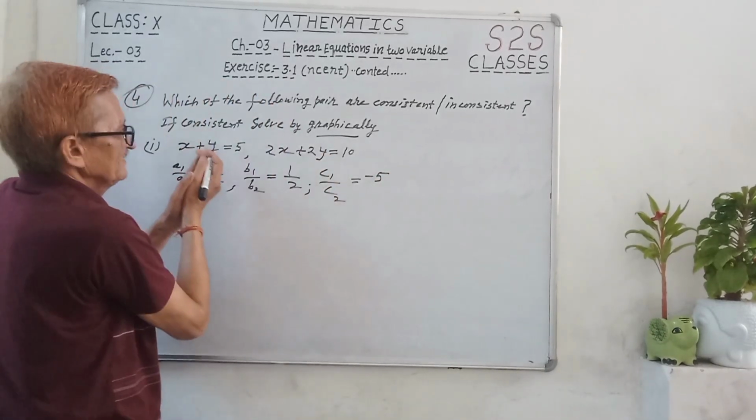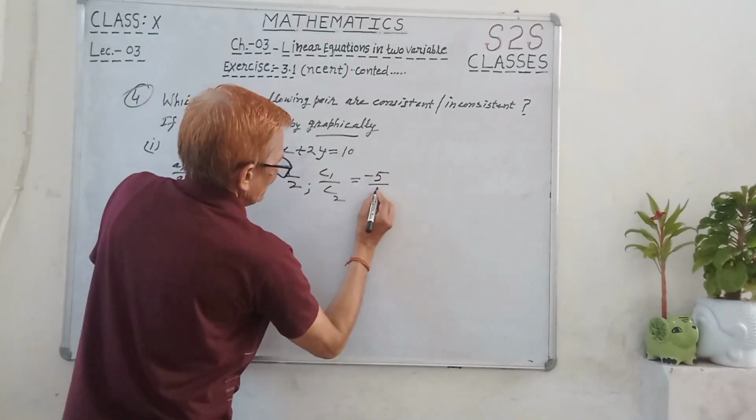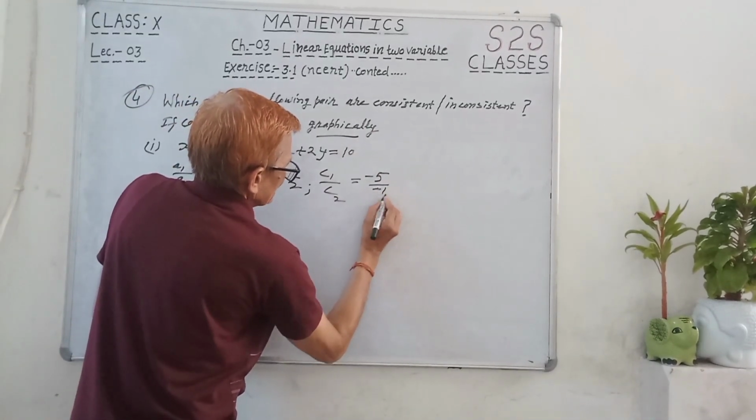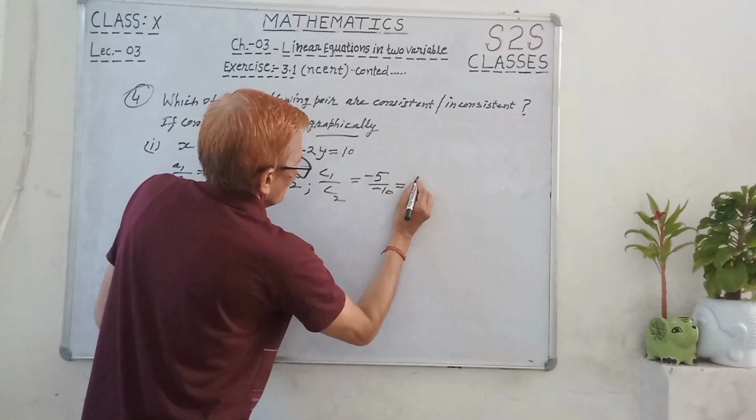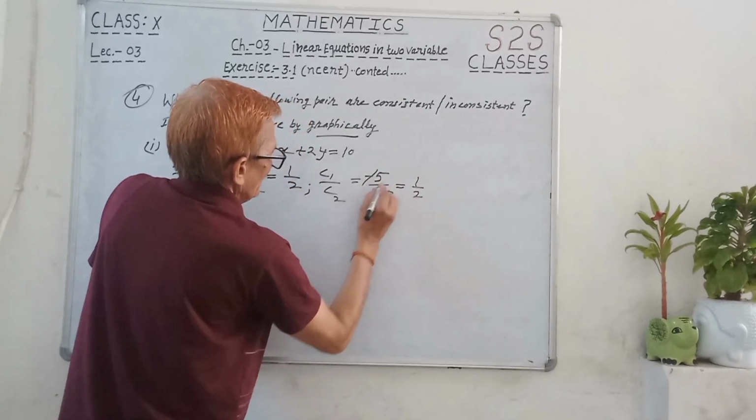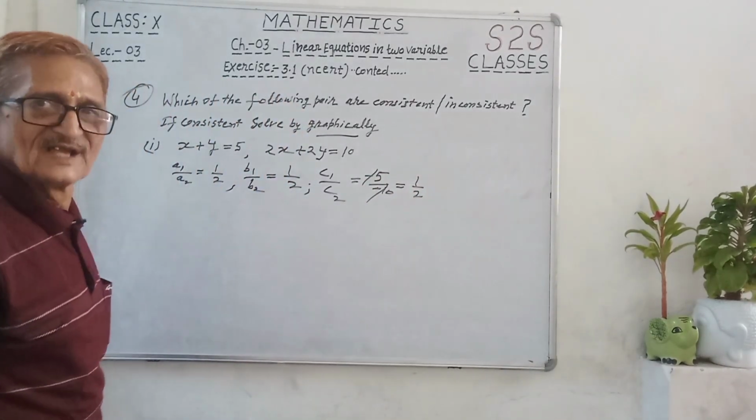Take this side and equal to 0. Minus 5 upon minus 10 is also 1 upon 2. Okay? All three are equal.